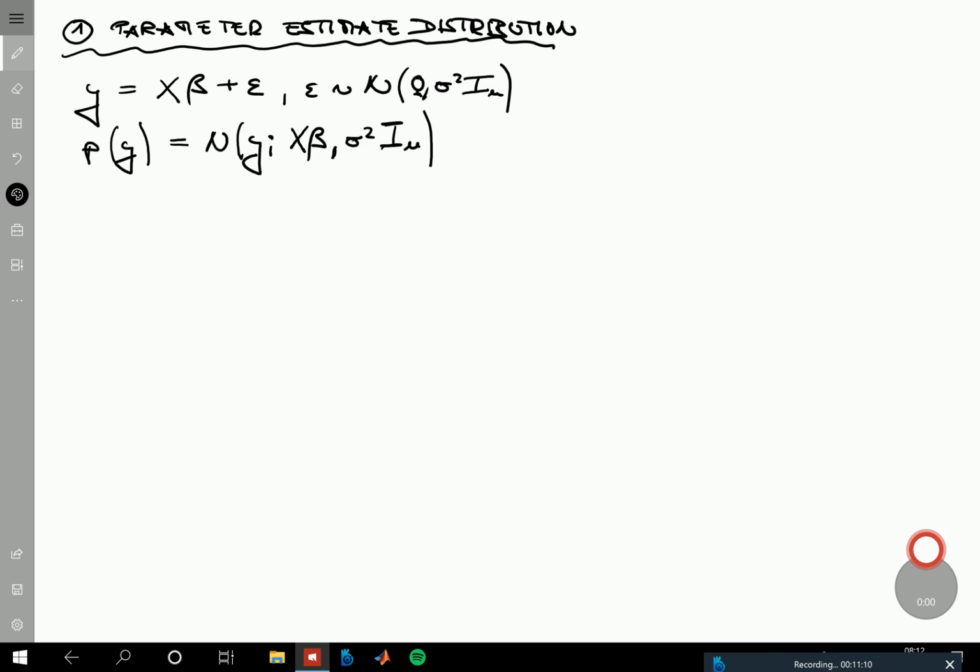Now the question is, how does this relate to the distribution and the data?